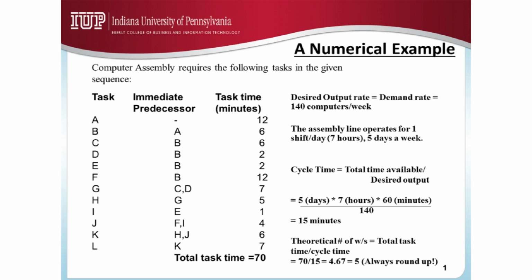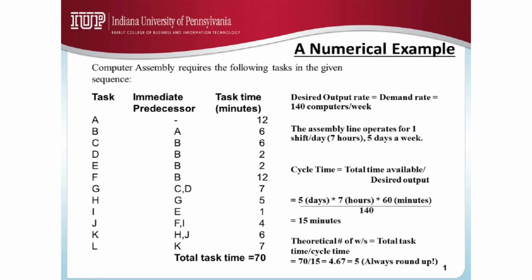So you can see the same thing with all other tasks. C requires B to be done, same with D, E, and F. All of them require B as their immediate predecessor. G has two immediate predecessors, C and D, and you can see that in the example here.